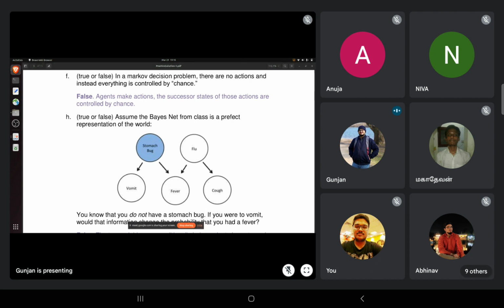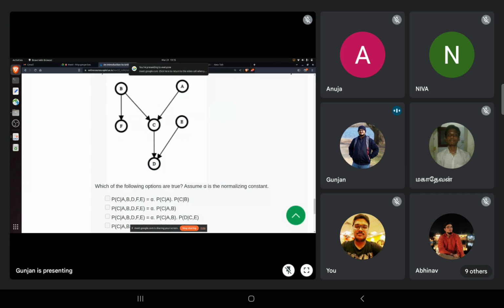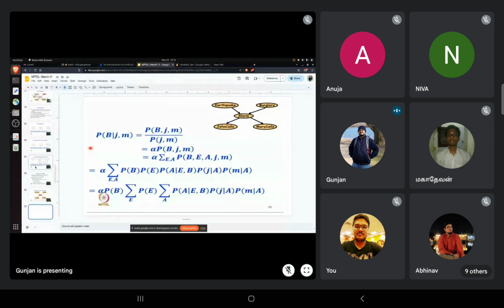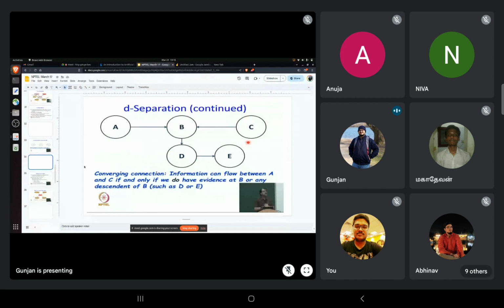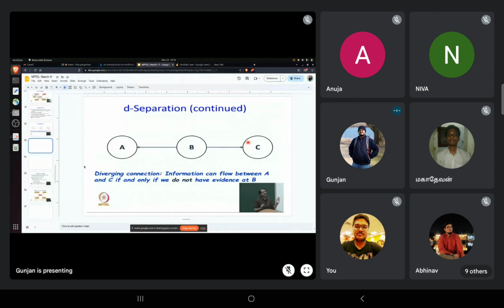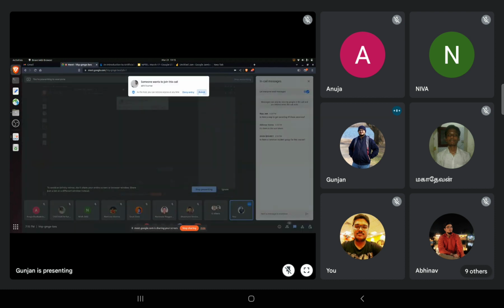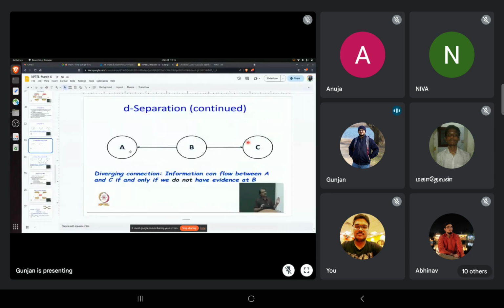Okay, so let us look at this condition of Bayesian net. So what do we know? We know that information can flow between A and C if and only if we do not have any evidence at B, right?